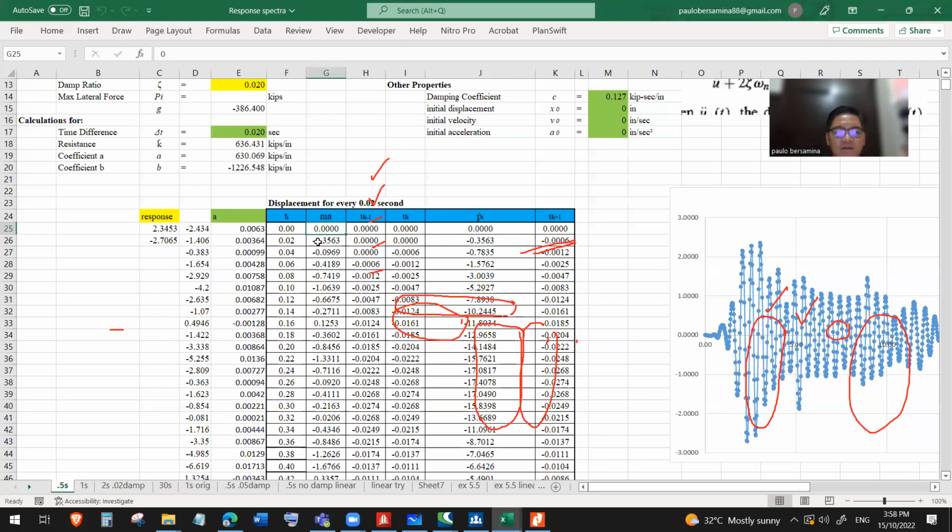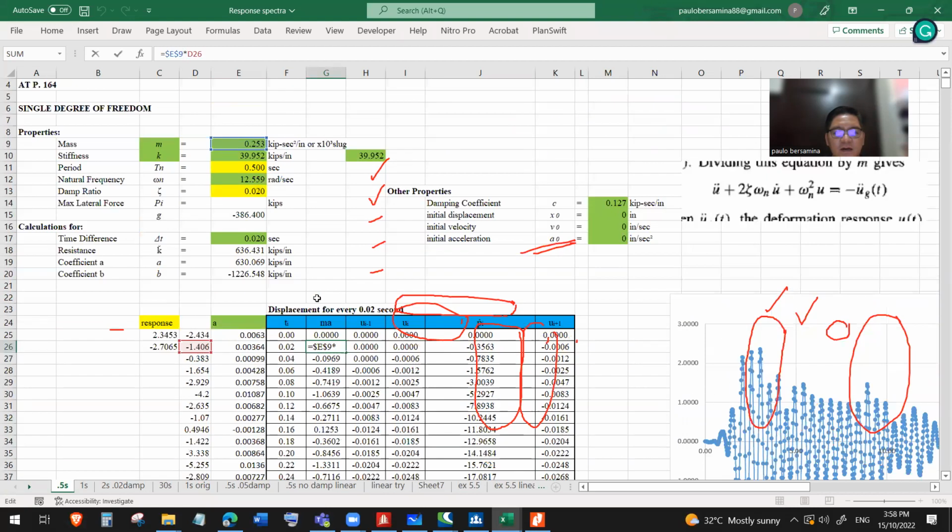So MA, if you check on the formula, naka-multiply yung mass dun sa acceleration. And then, now if I check on my acceleration, naka-multiply naman siya sa 386.4.